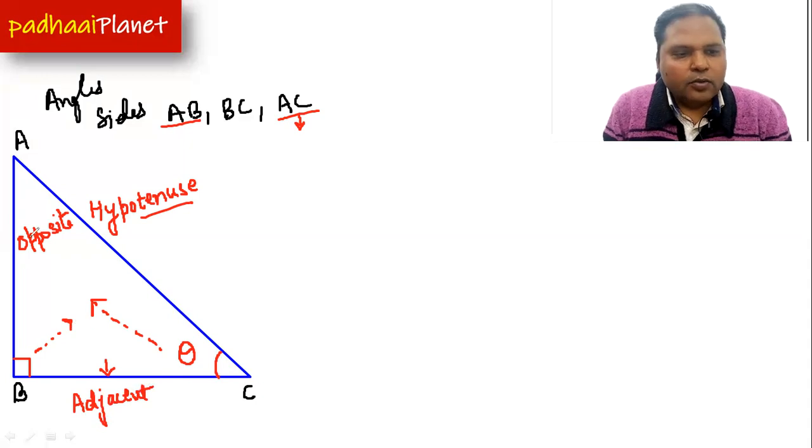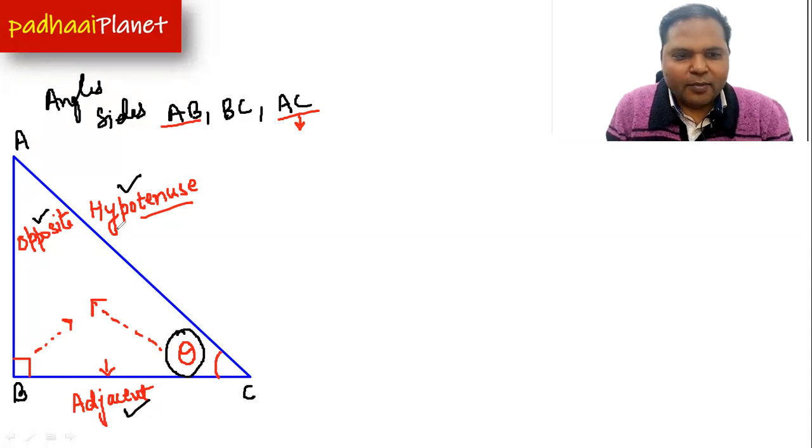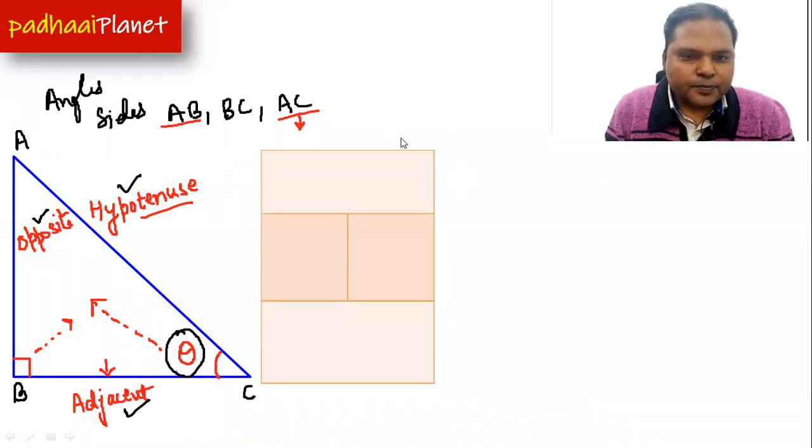Now, all the six trigonometric ratios are basically understood between opposite, hypotenuse, adjacent, and this theta. Amongst all of these four things, we will be discussing all the six trigonometric ratios. Let's discuss the first one, sine theta.